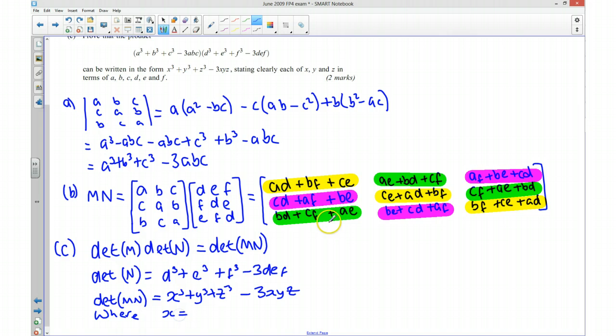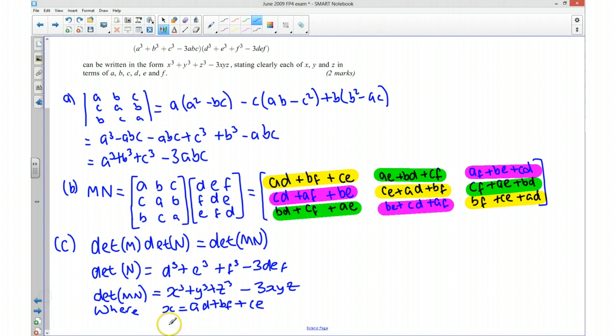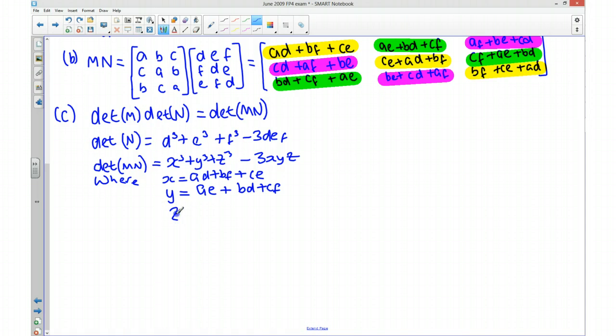x is going to be equal to AD plus BF plus CE, and y is going to be equal to AE plus BD plus CF, and z is going to be equal to AF plus BE plus CD.